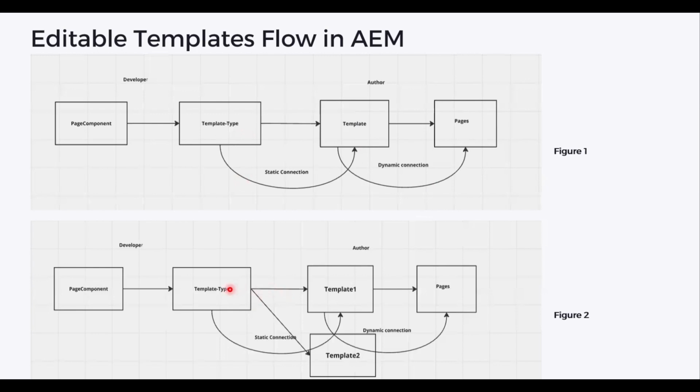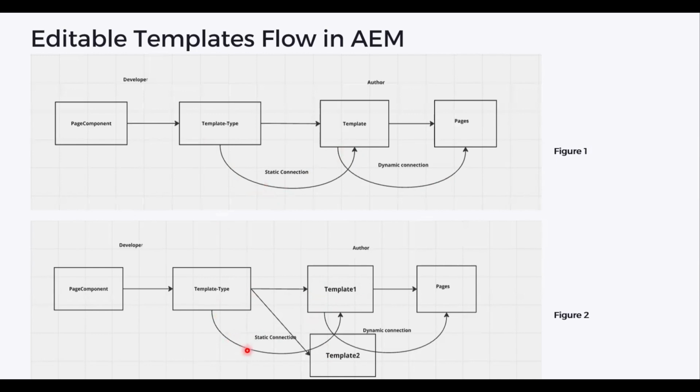Suppose within the template type we have already created template one, and after that we make some modification here. Whatever template we create after that, those changes will reflect in template two, but the changes will not reflect in template one. That's why template type to templates is called a static connection.